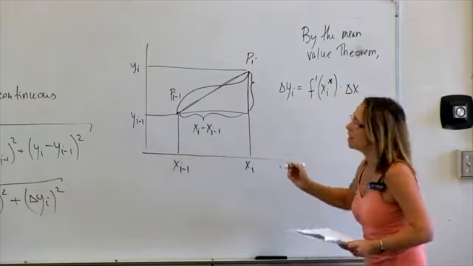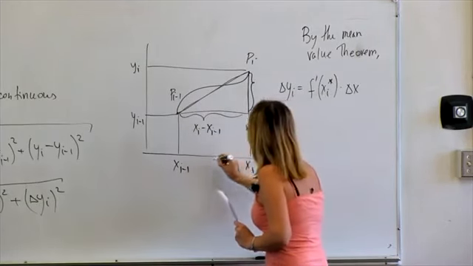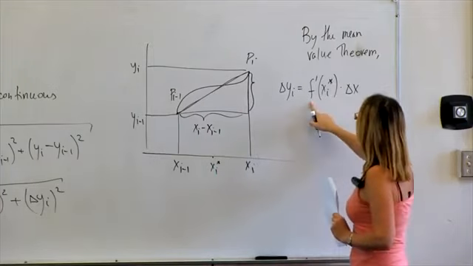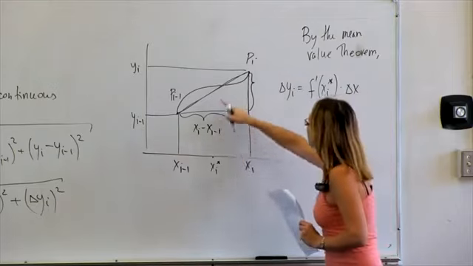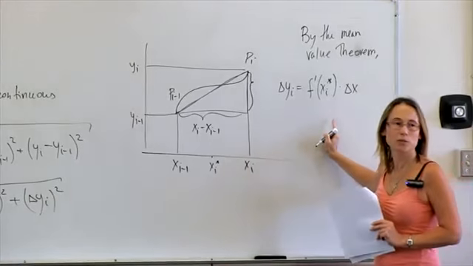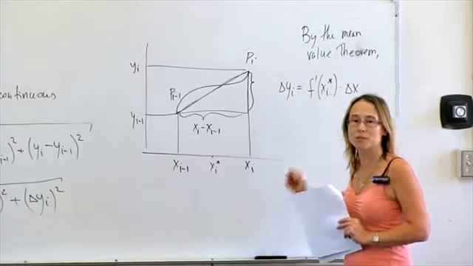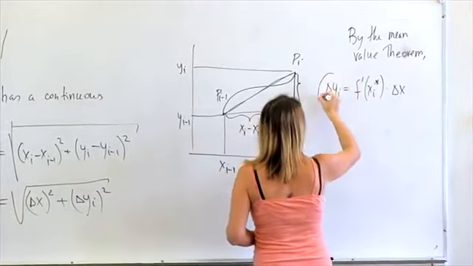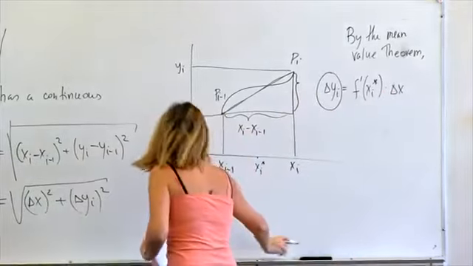Okay, what does it mean? It means that there is a point x_i star such that the function f has a derivative evaluated at this point that satisfies this equality. This is the material from the first part of your calculus 2a, and perhaps the name sounds familiar. Okay, so the point here is that we can replace delta y with something times delta x. So let's do it here.